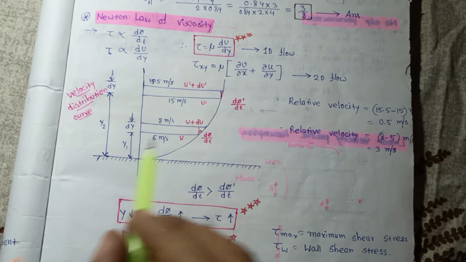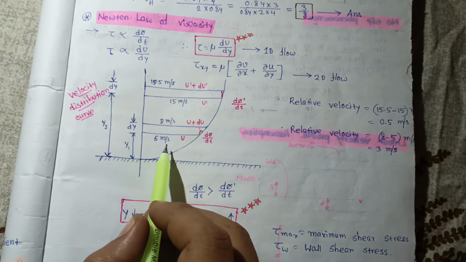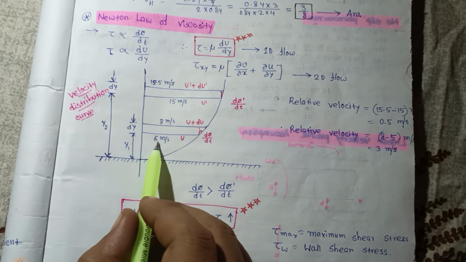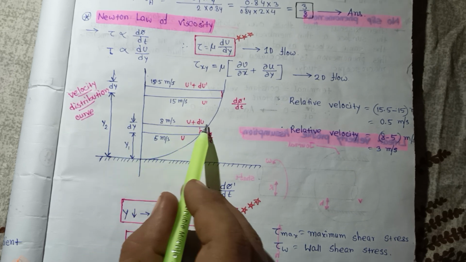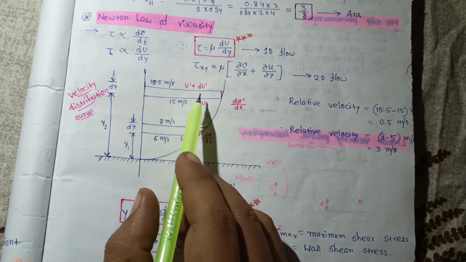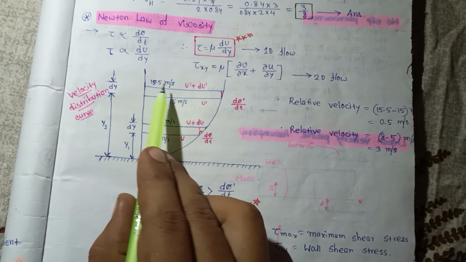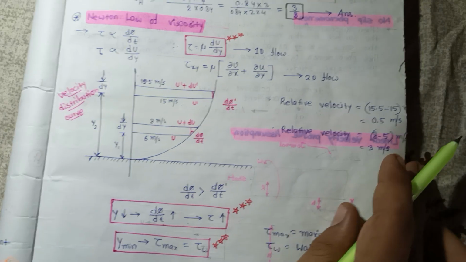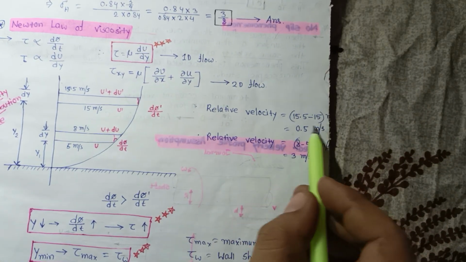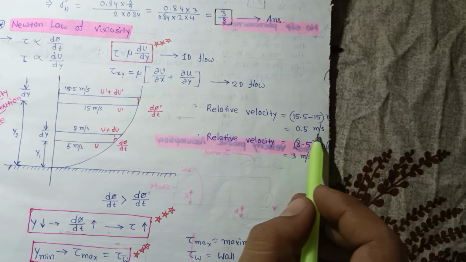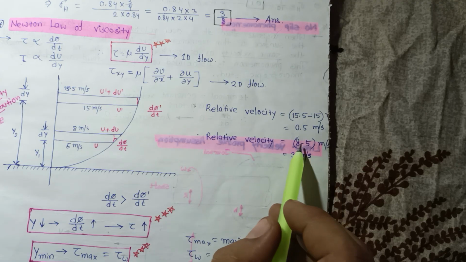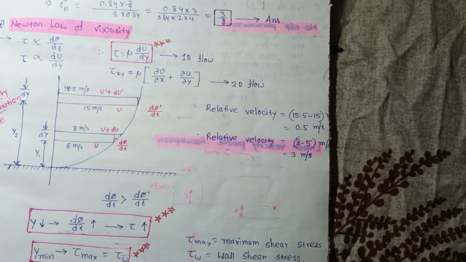Just as an example, consider u equal to 5 meter per second, this is 8 meter per second, and u dash is 15 meter per second, and u dash plus du is 15.5 meter per second. If you want to calculate the relative velocity between the two layers, the relative velocity is 15.5 minus 15, that is 0.5 meter per second, and the relative velocity between these two points is 8 minus 5, that is 3 meter per second.